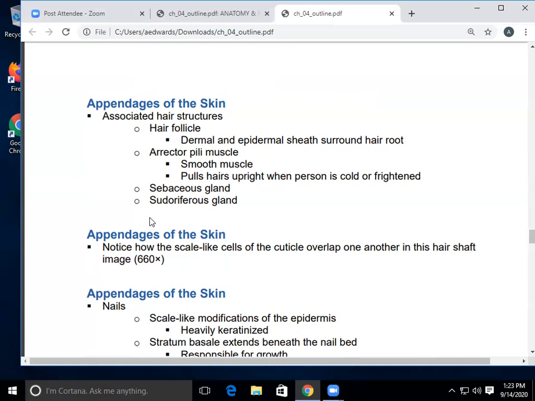Also have some muscle, erector pili. It helps to make that hair stand up. And you may also have sebaceous glands by it. All right.